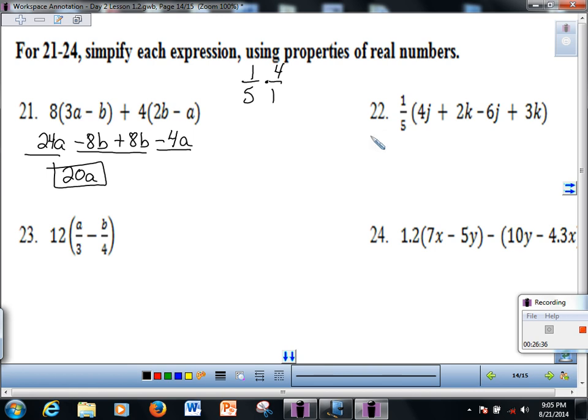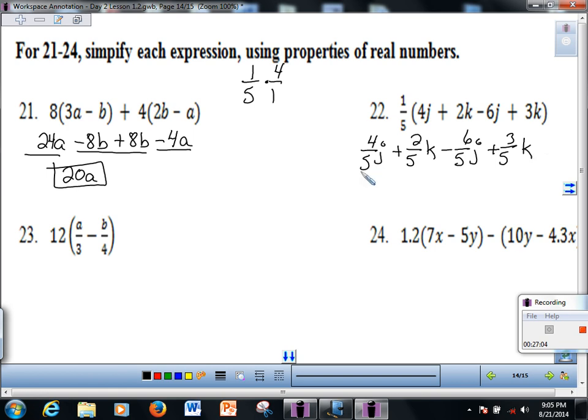So this becomes 4/5 j plus 2/5 k minus 6/5 j, I'm distributing that to everything, plus 3/5 k. So there's where we are so far.